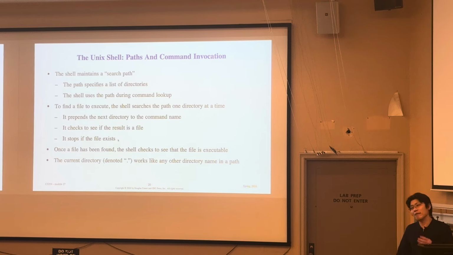So if you have installed maybe 2 versions of the same program in multiple paths, only the first one will be used because the search stops at the first file that matches the file you specify. Once the file has been found, the shell checks whether the file is executable, and the current directory works like any other directory name in the path. So the current directory is included by default.